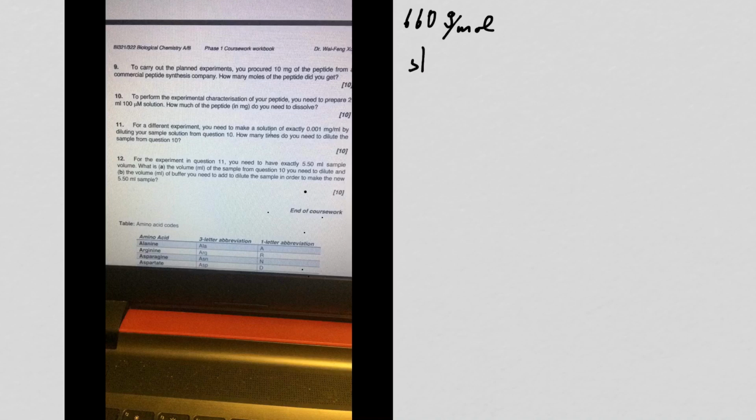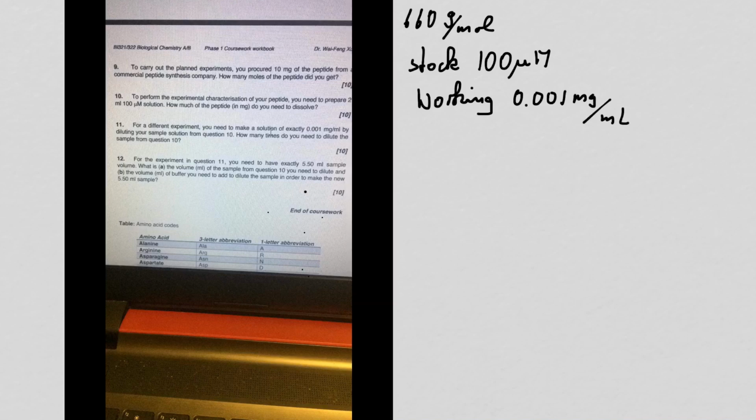So our stock is 100 micromolar, and our working solution is 0.001 milligram per milliliter.